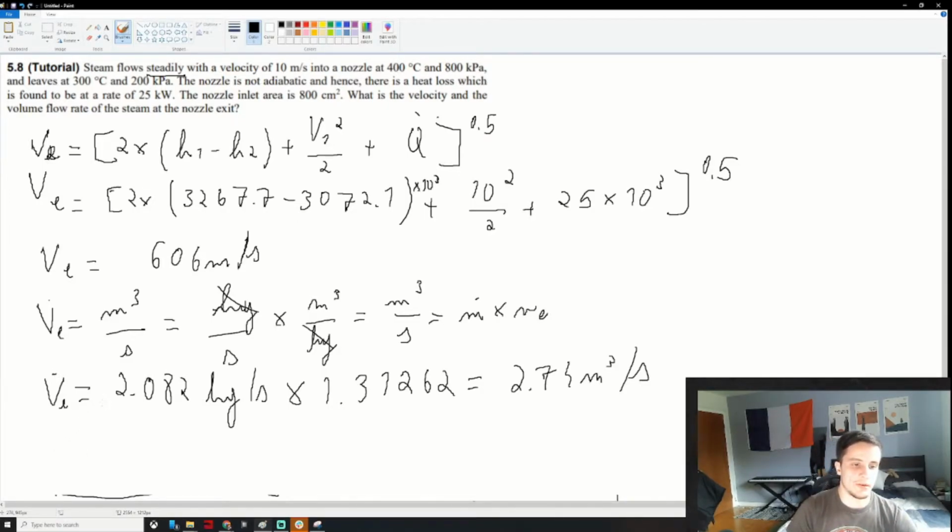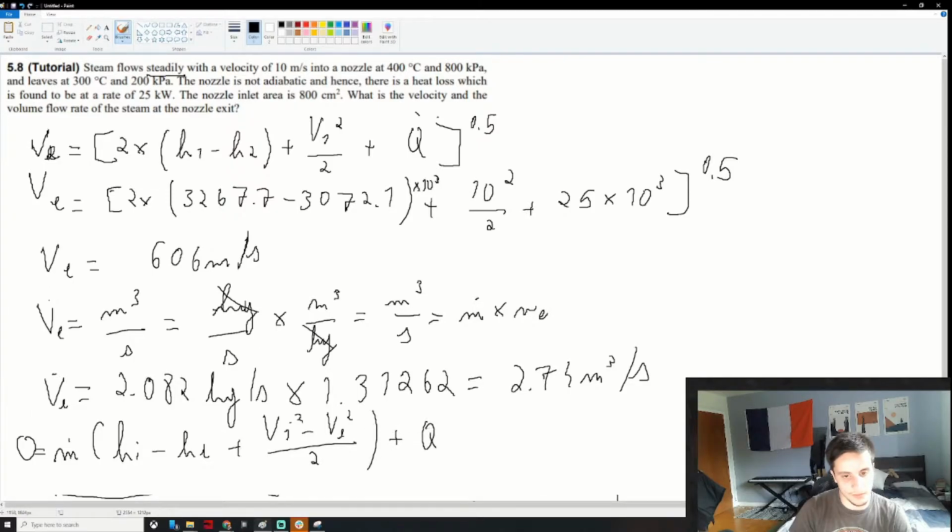So just on a side note, another way we could have done this exercise is we could have not considered mass flow rate the way we did. So we wrote the equation as such, it was 0 equals hi minus he plus vi minus ve, both of them squared, divided by 2, and then plus Q dot.